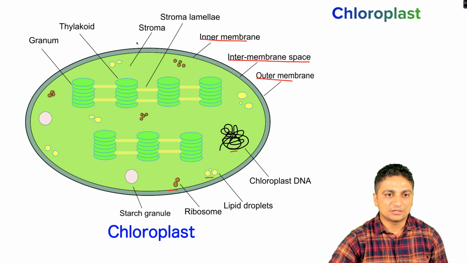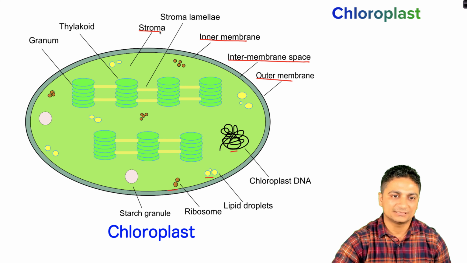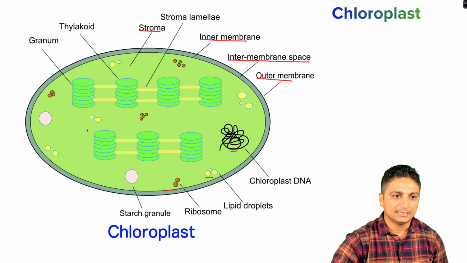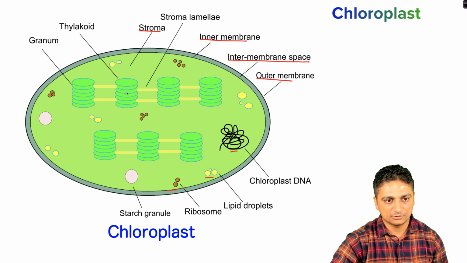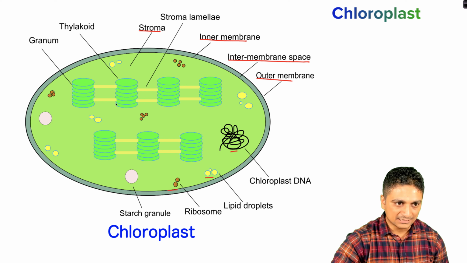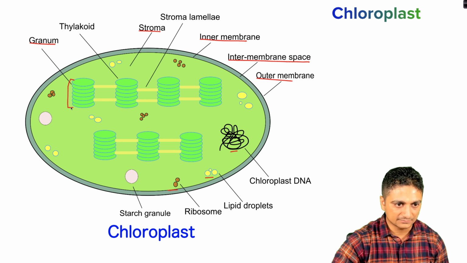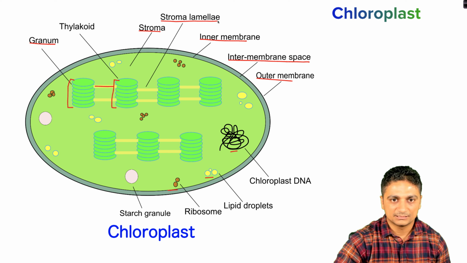So the different components of chloroplast are stroma. Stroma is the aqueous colorless fluid that is present inside the inner membrane of the chloroplast, and these individual discs are called thylakoid, and the different thylakoids make a thylakoid system, and the whole stack of the thylakoids is called granum, and each granum is connected to each other by this structure, which is called stroma lamellae.